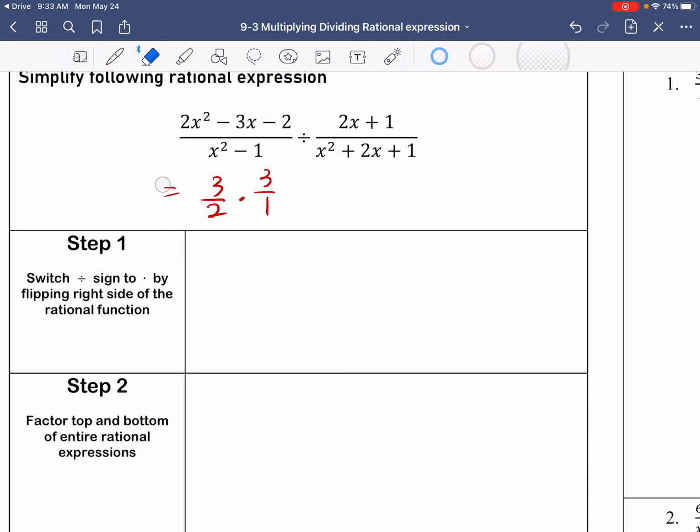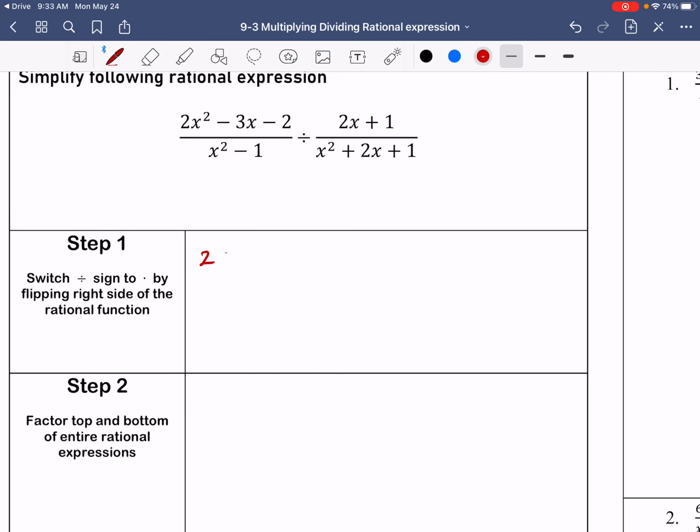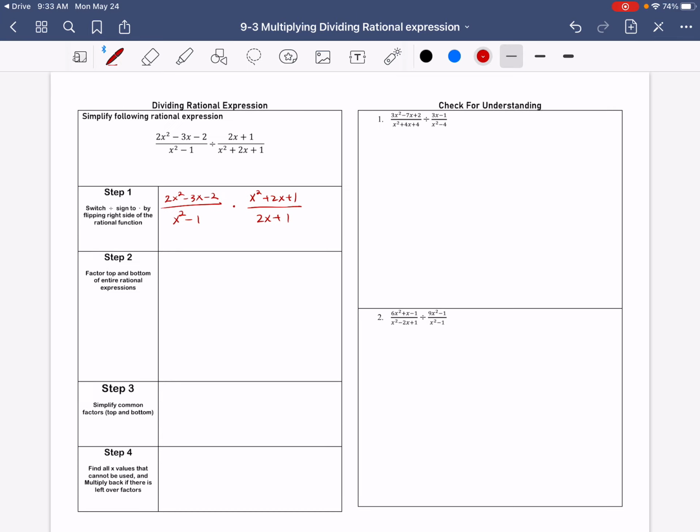That's the same thing. When you have a division, the first thing that you have to do is flip it. Times x squared plus 2x plus 1 over 2x plus 1, like that, okay?